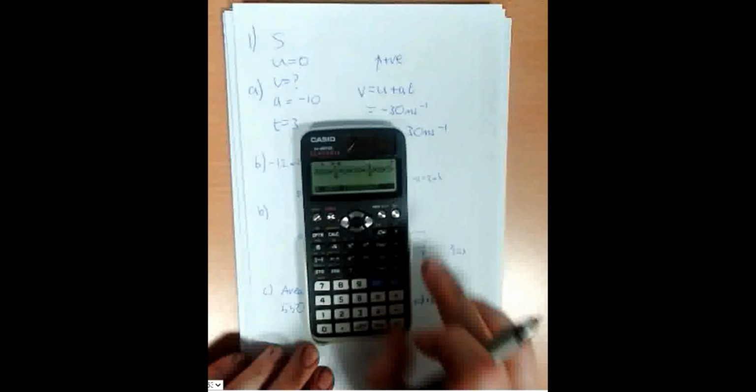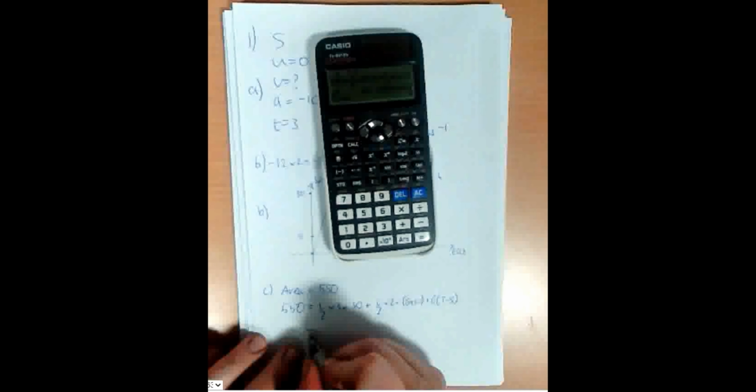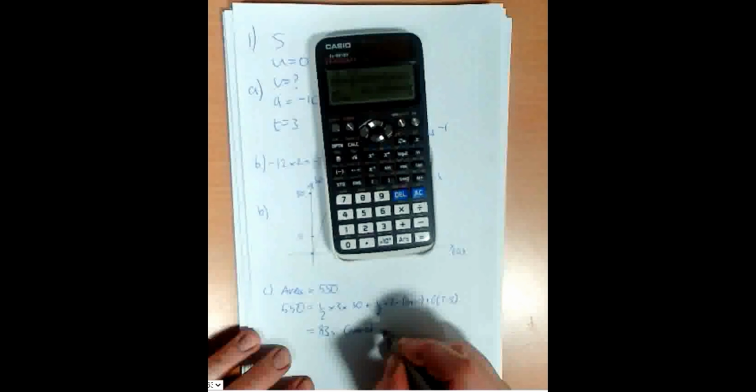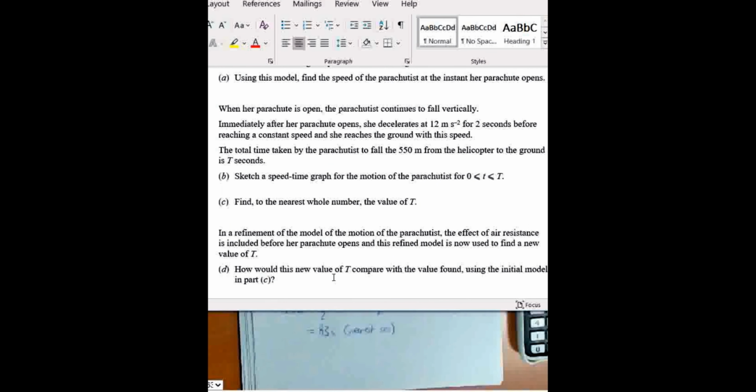Solve. It gives me 83 to the nearest whole number. 83 seconds to the nearest second, which is what the question asked for. Is that it for question 1? No.